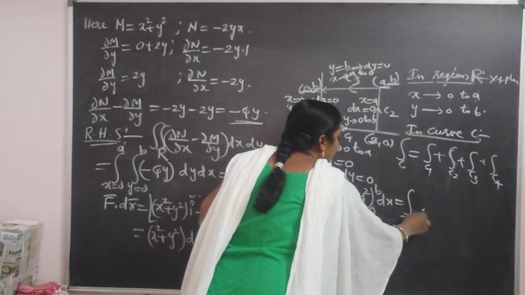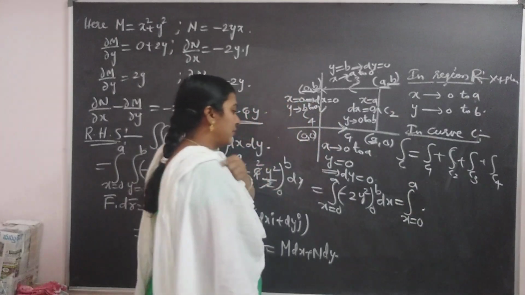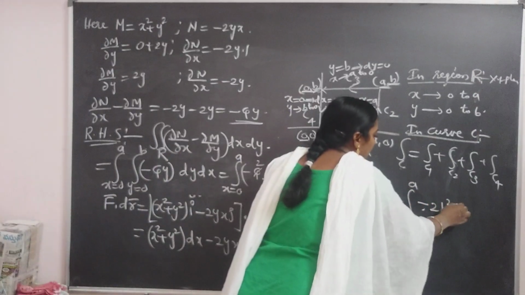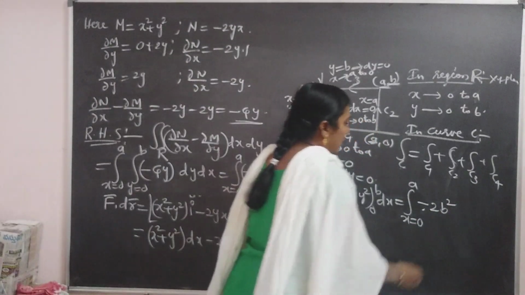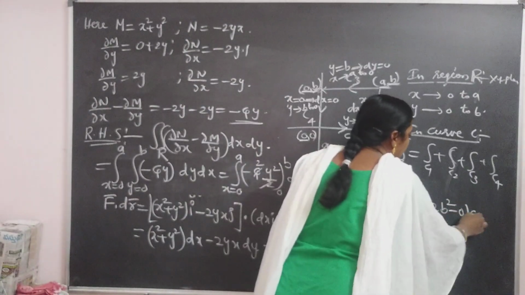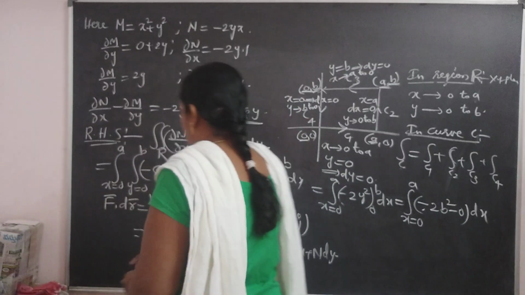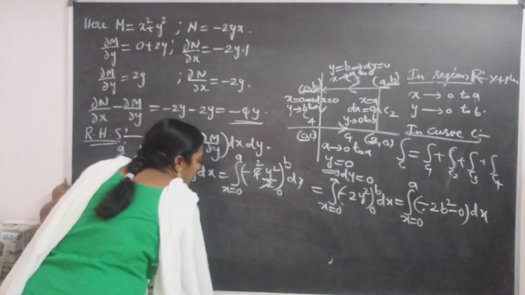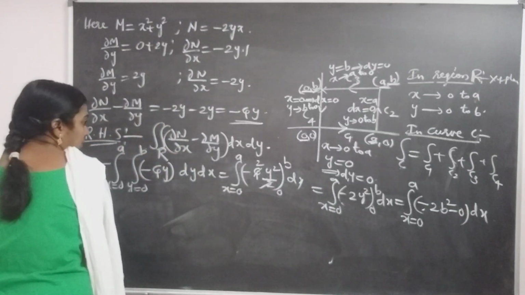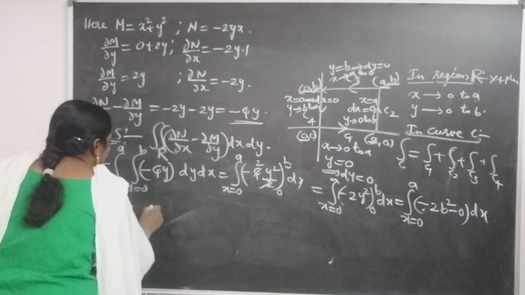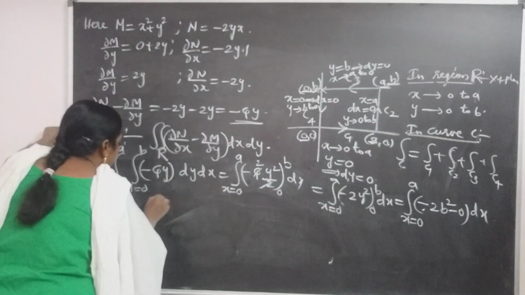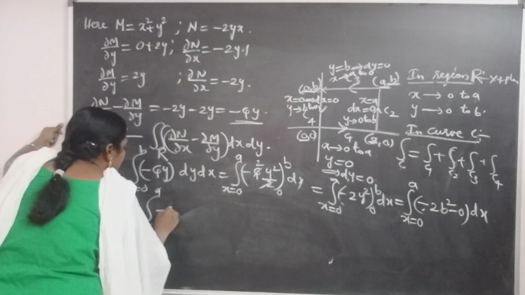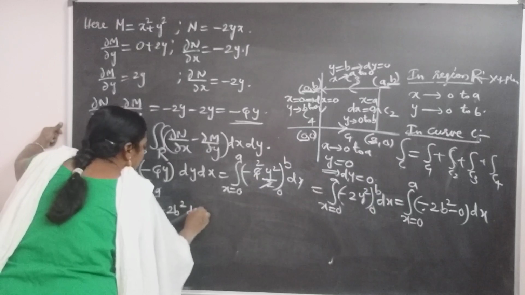This is minus 2b square minus 0 into dx, which equals minus the integral x from 0 to a of 2b square dx.